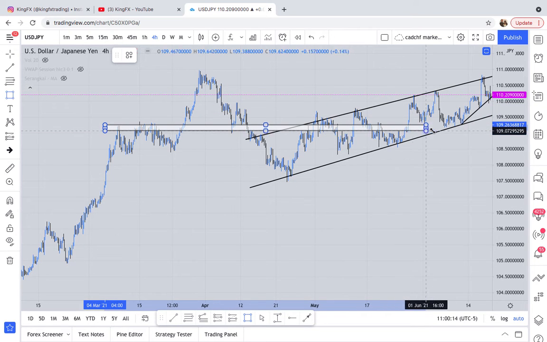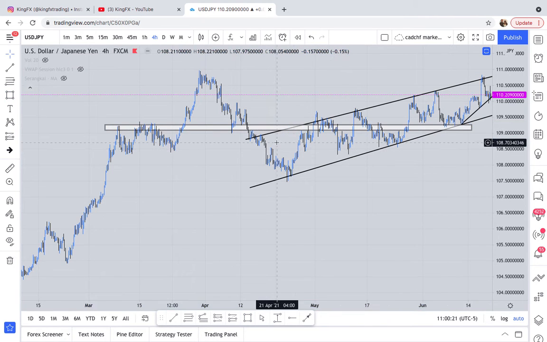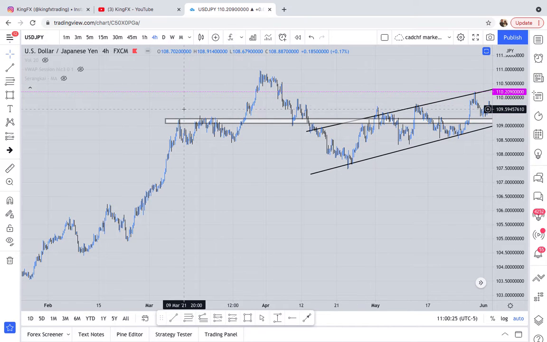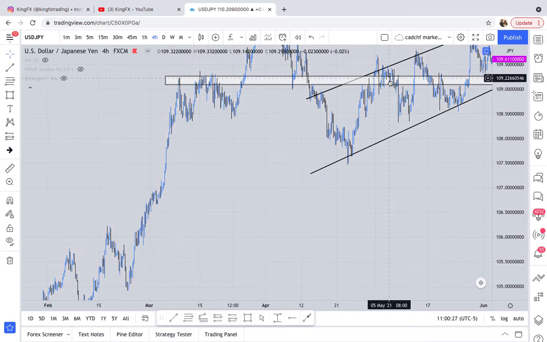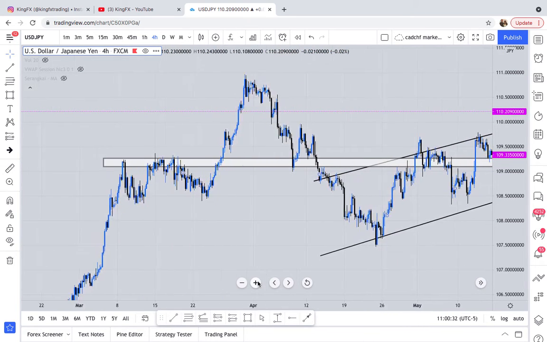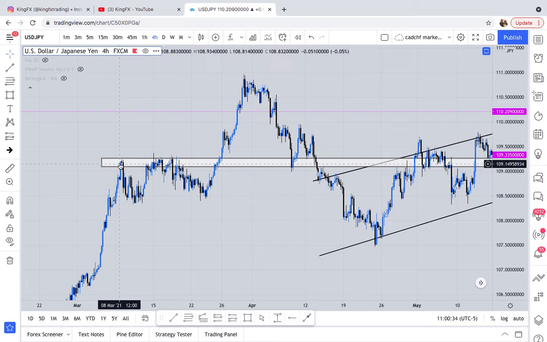So this would be a zone throughout here. The reason for that is when price came into this area right here, price pulled in, pushed out, and consolidated right there. So this area right here would be consolidation.